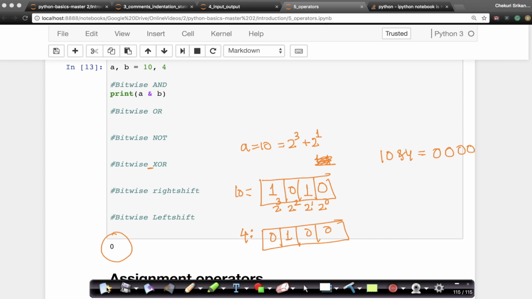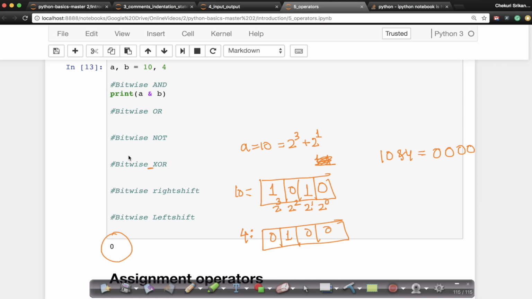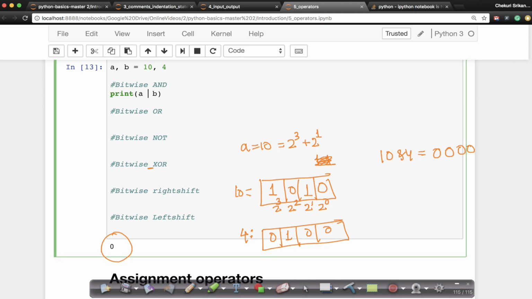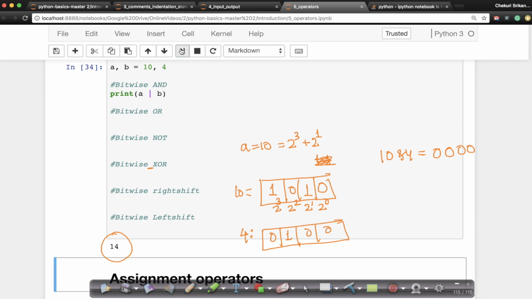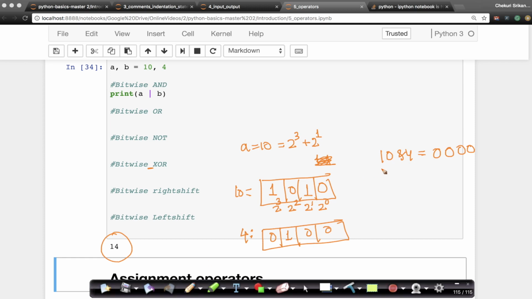Similarly, what about OR? Let's just quickly see OR here. So when you do OR, you get 14. Why? Because again, simply 10 or 4, 0 or 0 is 0, 1 or 0 is 1, 0 or 1 is 1, 1 or 0 is 1. And this is 14, right?